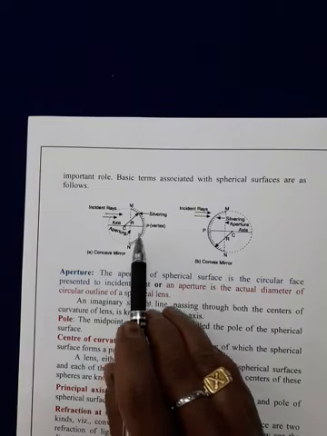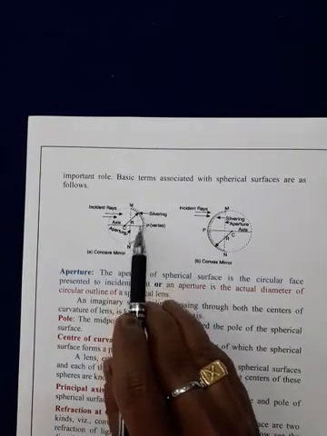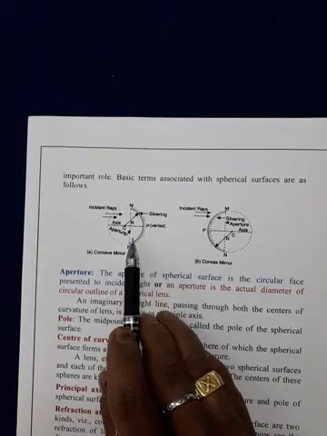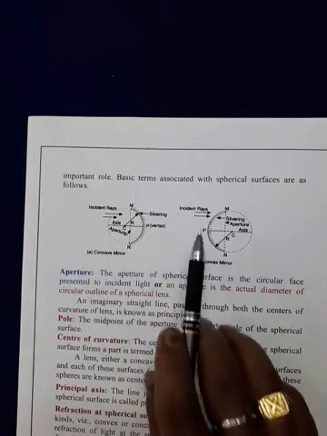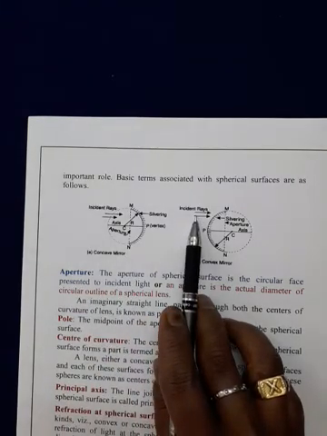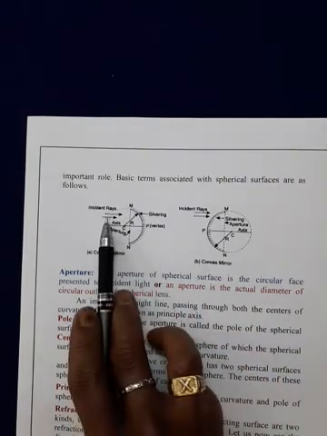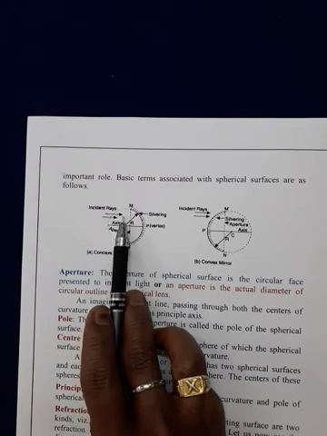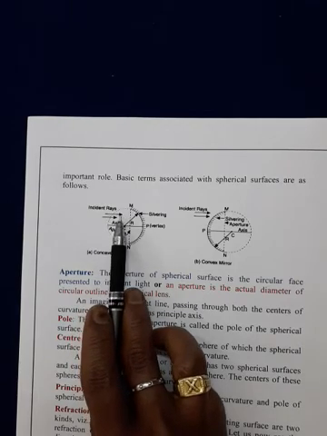This is spherical. When the incident ray is incident on the surface, now here, if it gets through the medium, then I can call it a refracting surface.